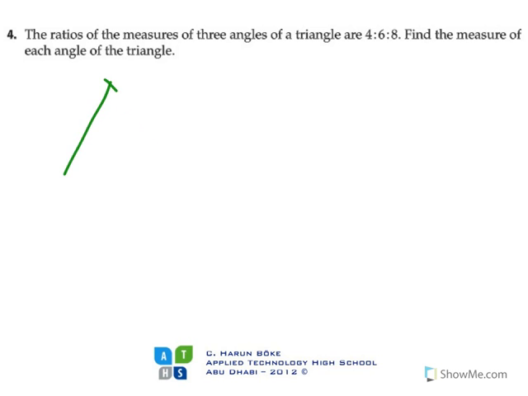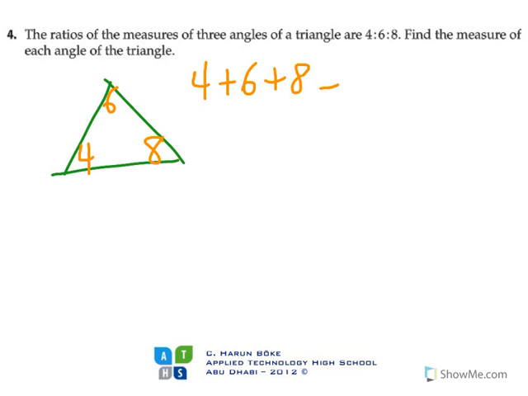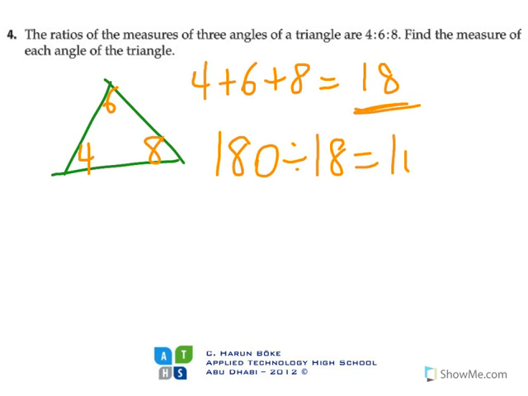So if this is our triangle, then we can say this angle is related to 4, this is 6, and this is 8. But if you add them, you don't get 180 degrees. You just get 18. So what we should do is, after adding the numbers, divide 180 by that sum to get how many times bigger the actual angles are.